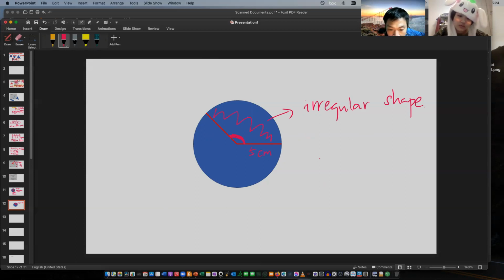The circumference of which one? The total circle or just this irregular shape? Irregular shape. How? The question is how? I know how. Tell me. Show me.